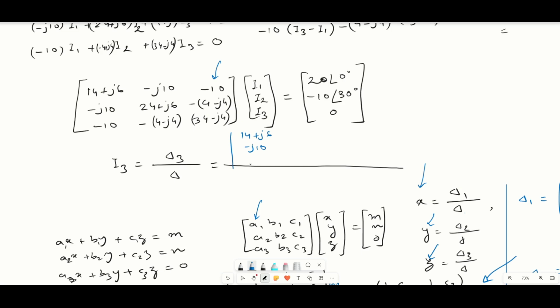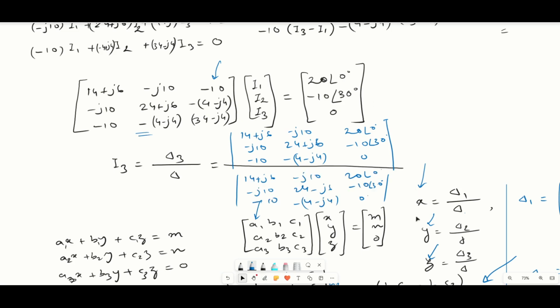So minus j10, minus 10, then minus j10, then we have 24 plus j6, and this is minus 4 minus j4, and finally we put here 20 angle 0, this is minus 10 angle 30 degrees, and we have this 0, in the determinant. Then below we have it directly on the left hand side.